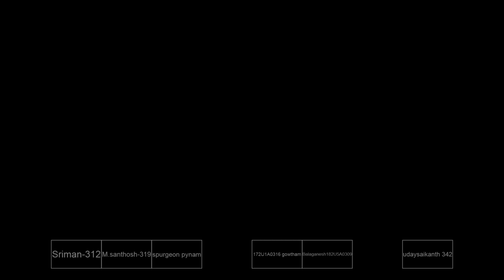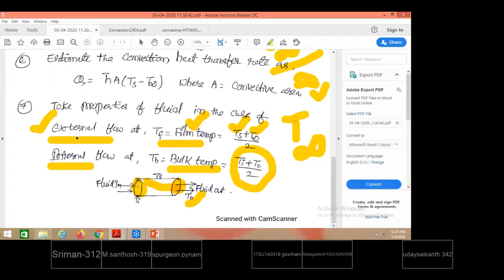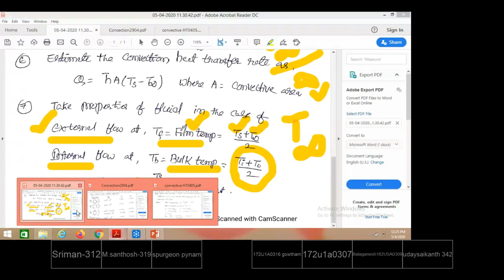So in the case of internal flow, you need to take the properties at bulk temperature. In the case of external flow, you need to take the properties at film temperature. These must be remembered. After knowing these things, let us consider the problems and try to work them out.